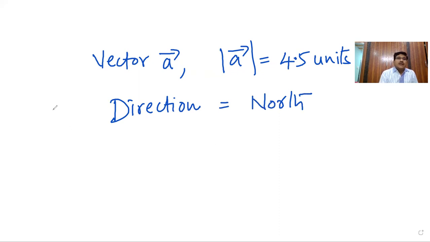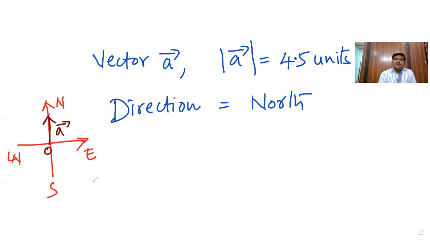That means if this is east, this is north, this is west, this is south. East, west, north, south. So vector A bar is showing from origin towards north, A bar vector. Clear?